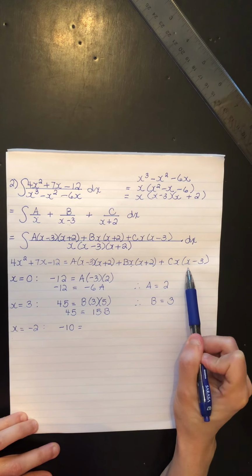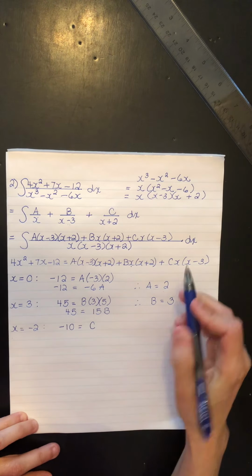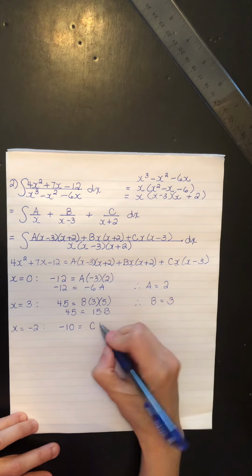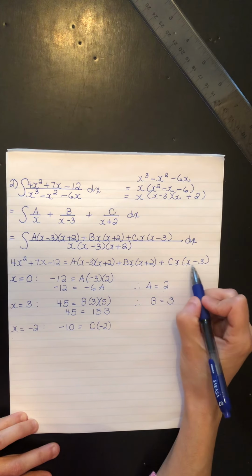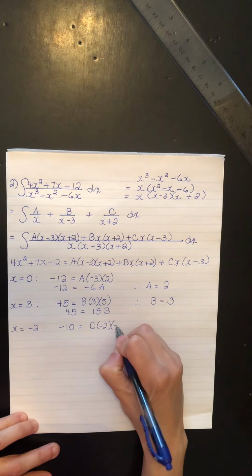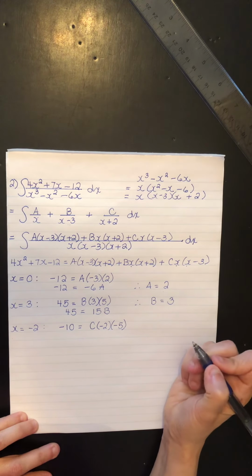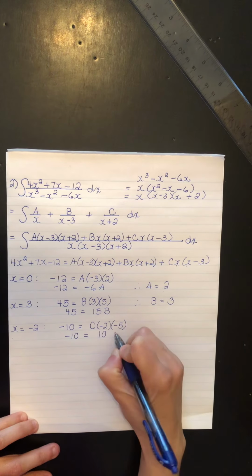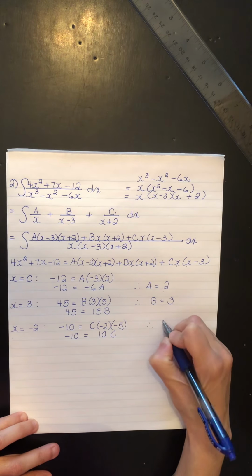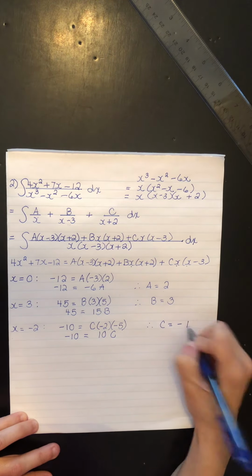The non-zero term is at the end. C multiplied by -2 and multiplied by -2 minus 3, or -5. -10 is then 10C. This means C is -1.